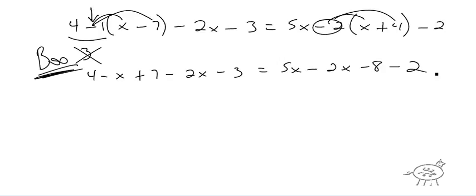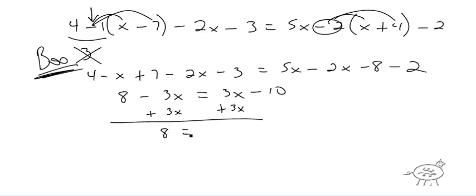Not too bad. Then we combine like terms. 4 plus 7 is 11. 11 minus 3 is 8. Negative x minus 2x is minus 3x. And 5x minus 2x is 3x. Negative 8 minus 2 is negative 10. I'm going to add 3x to both sides because I want that positive value.